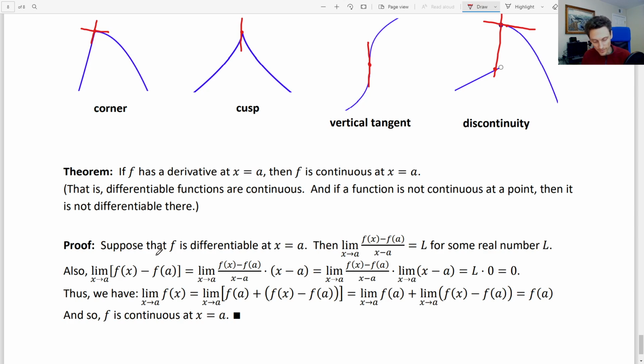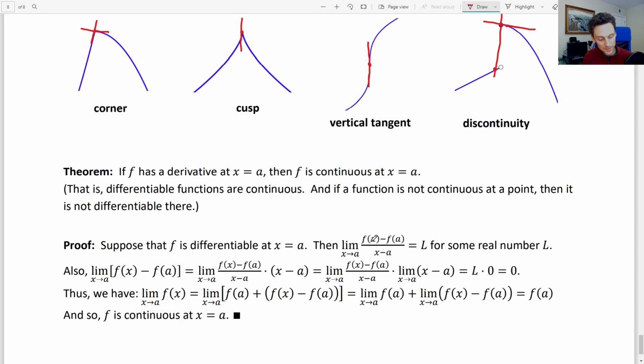So here's the proof. Suppose that f is differentiable at x equals a, then that means that by the limit definition, the limit as x approaches a of f of x minus f of a over x minus a is equal to L for some real number L. Now this is actually using a version of the limit definition of the derivative that we didn't make a lot of use out of.